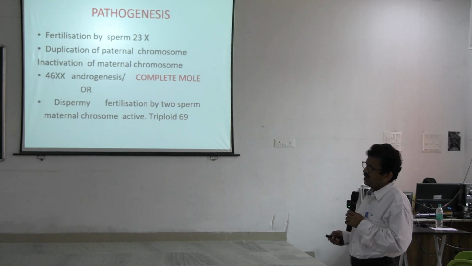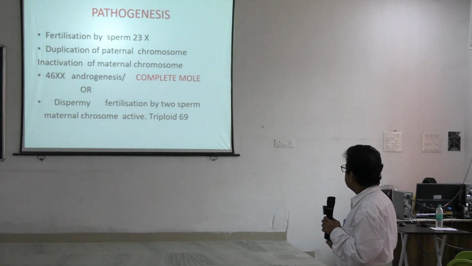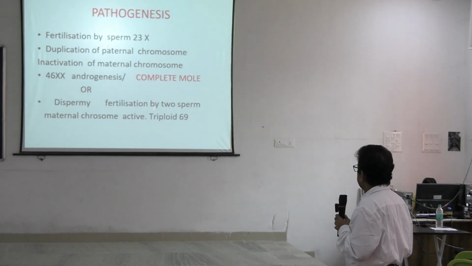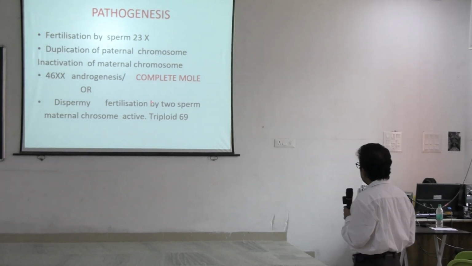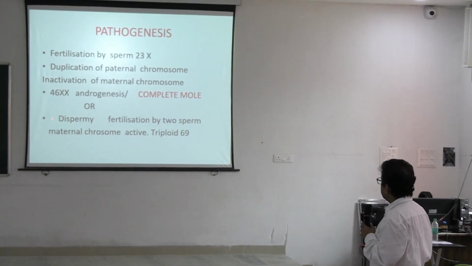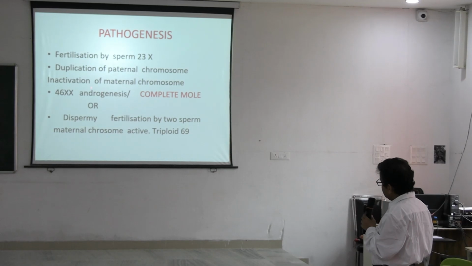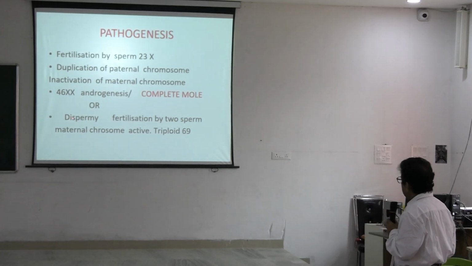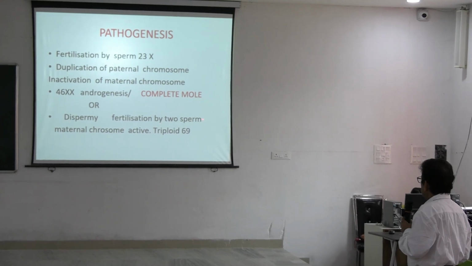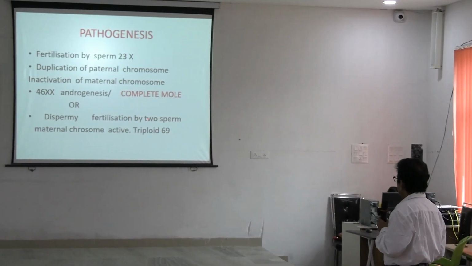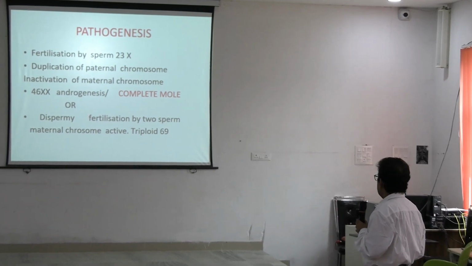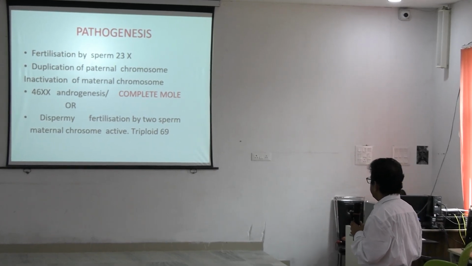Usually after penetration by the sperm, fertilization of the ovum by another sperm is prevented, but here two sperm fertilize the ovum, 23X and another 23X, giving rise to dispermy. So either androgenesis, meaning duplication, or dispermy. Both 46XX chromosomes come from the paternal side.